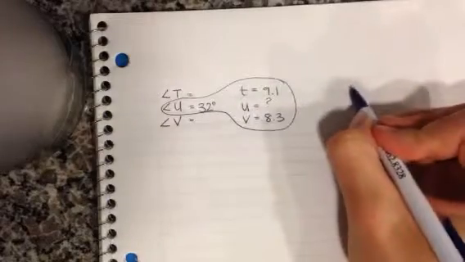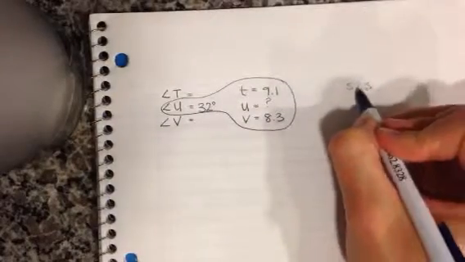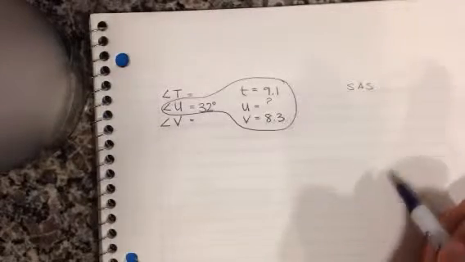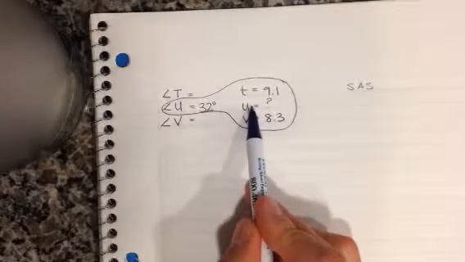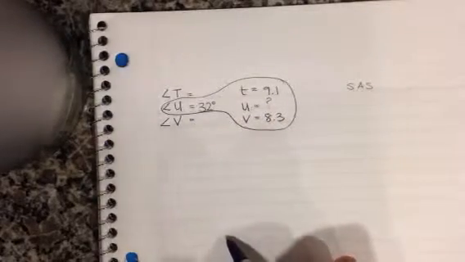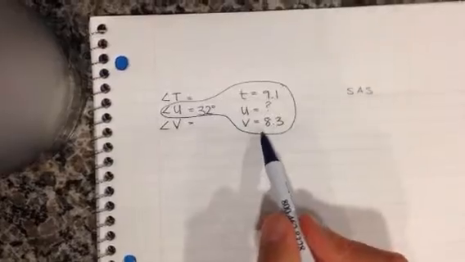Now I have two sides and an angle, so that's how I know it's going to be side angle side, because it's the included angle. This angle is in between the T and the V if I were to draw this out. So looking at this, I'm going to set it up.